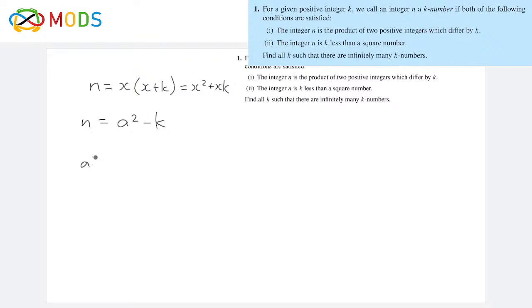You have a squared minus k equals x squared plus kx, right? And you just add k over 2 squared to both sides. Like this. And then you have two squares which differ by some fixed amount, which is sad. This is x squared. Oh, yeah, no, sorry.